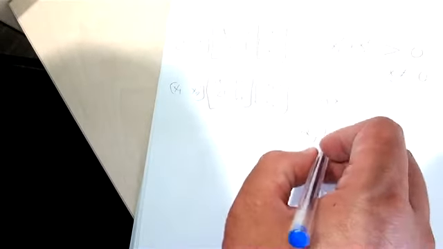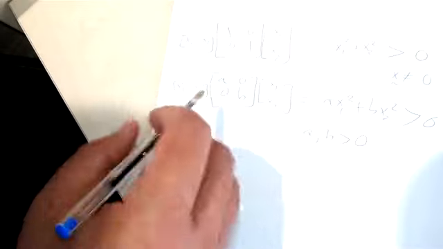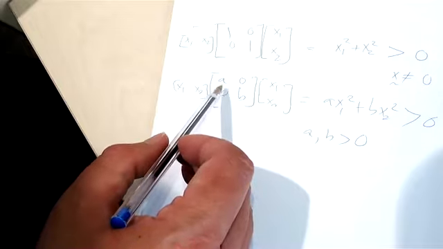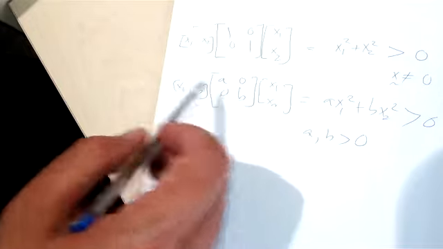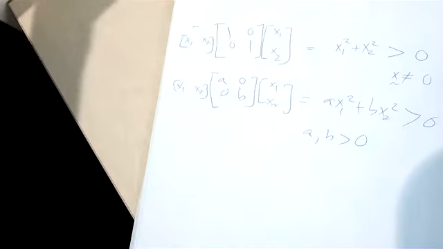If you have positive entries like this, a and b positive, then you have another positive definite matrix. But you get the point, right? Here it's just a special matrix, but there should be cases when you have some nonzero number here as well. It's still okay. So that is a positive definite matrix.